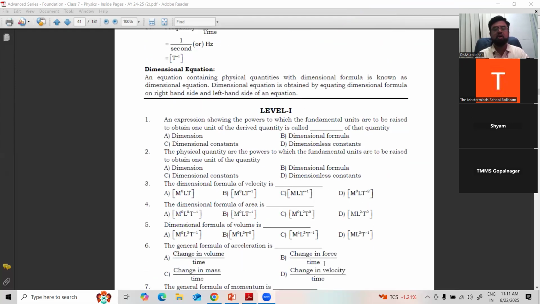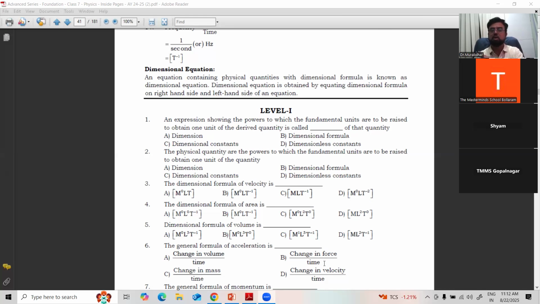So finally here we have the dimensional equation. An equation containing the physical quantities with the dimension formula is known as a dimensional equation. When you go to the higher classes, we are going to have the uses of dimension formula, the advantages of dimension formula, and the limitations of dimension formula.